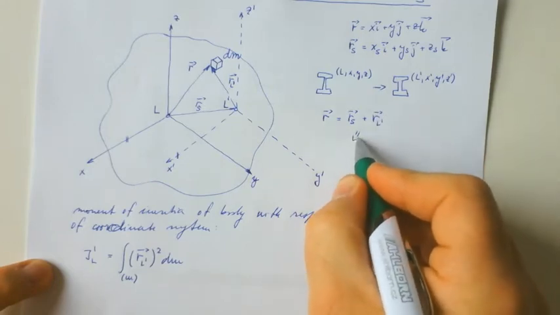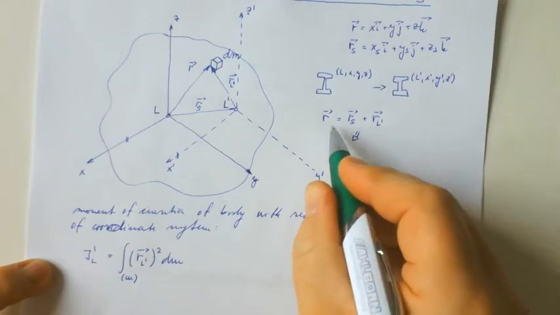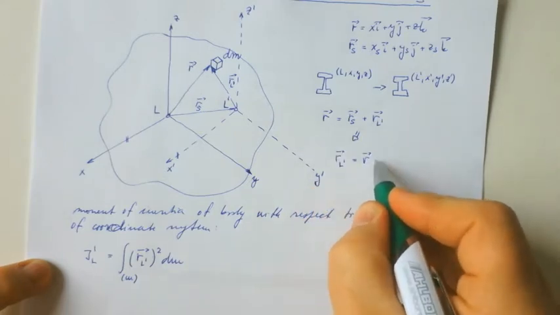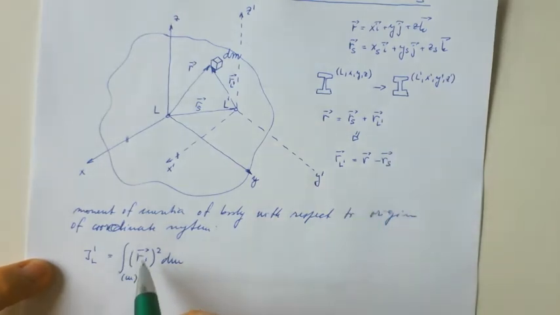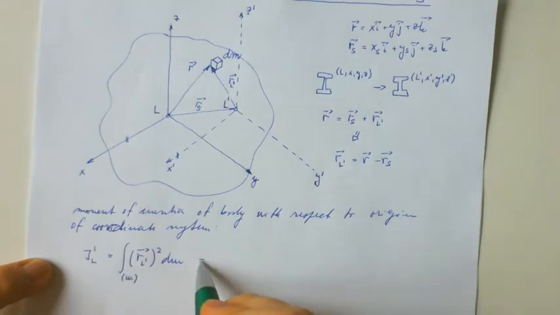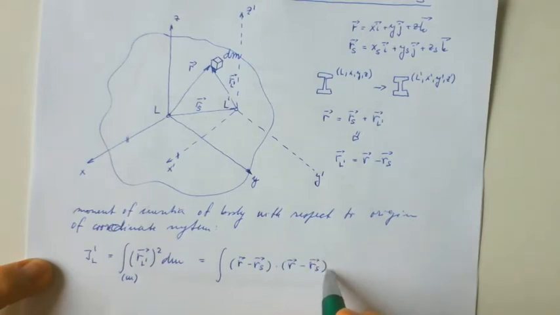And from this we can express rl with prime as r minus rs, and we can substitute it here. So in fact it is the integral of r minus rs by r minus rs dm over m.